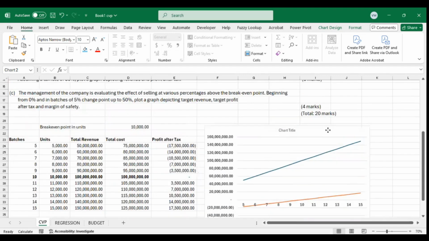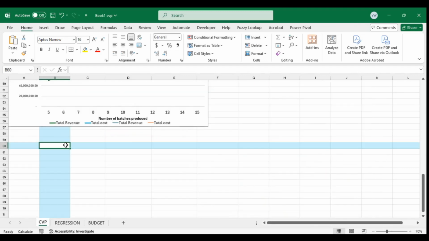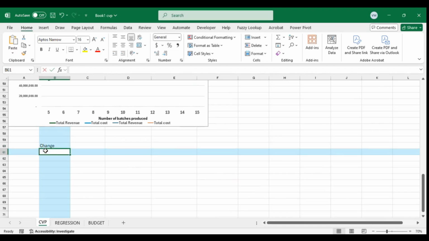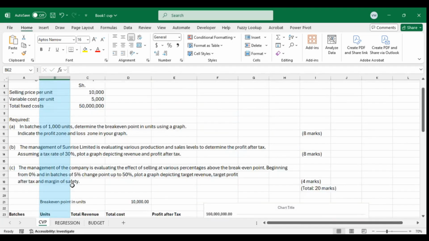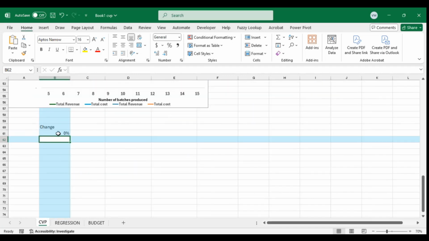So let's try to have that. And we can just have, let's say that we have the change and we are told to start from a change of 0. So at point 0, this is where we have our break-even point, which is 0%. And we want to show the change. We are told to show it from 0, but there is a 5% change all the way up to 50.